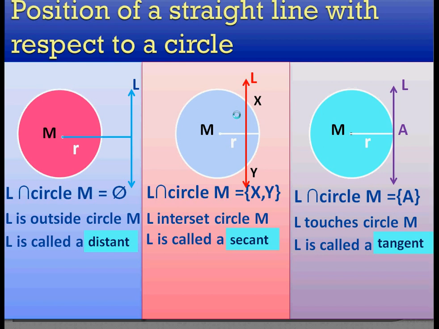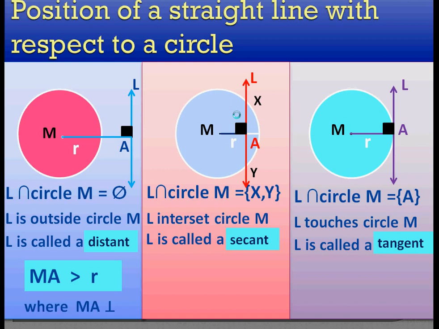From the first figure, I have MA, the line segment joining the straight line and the center. We can say that MA is perpendicular to the straight line L. In the second case, also MA is perpendicular to the straight line L. In the third case, MA is perpendicular to the straight line L. So we can say that MA is greater than the radius in the first case, so MA is a distant.